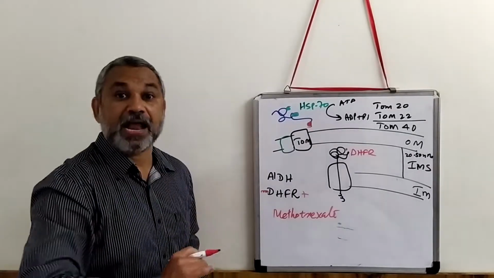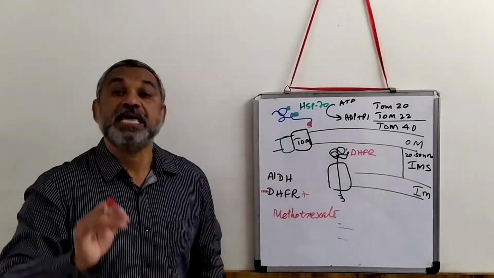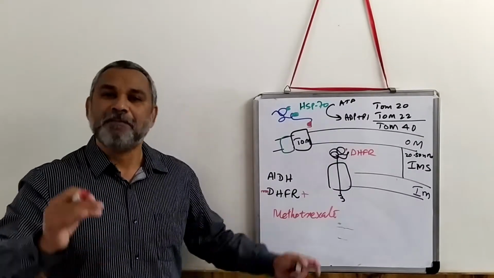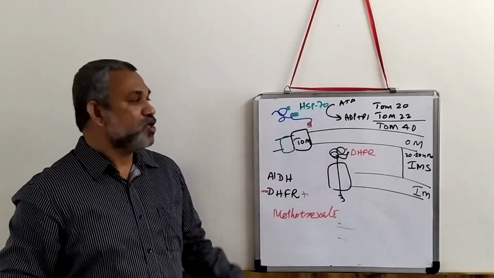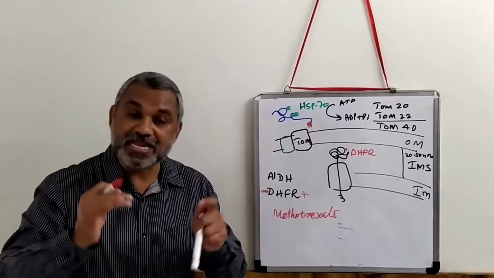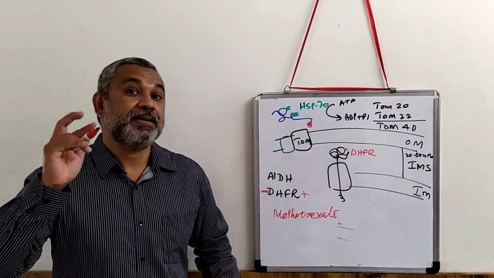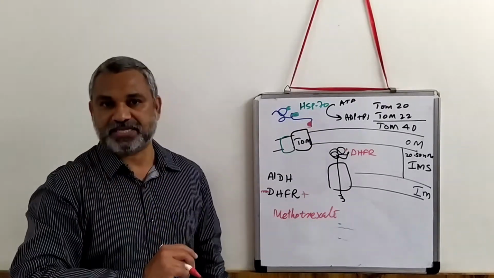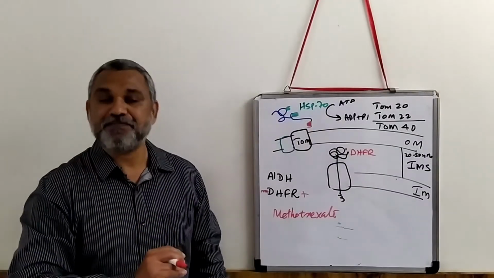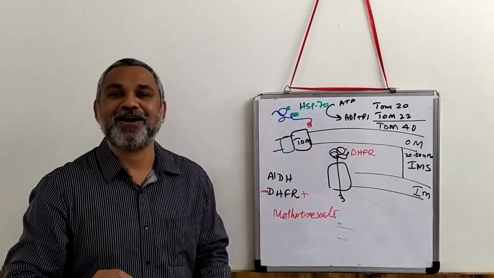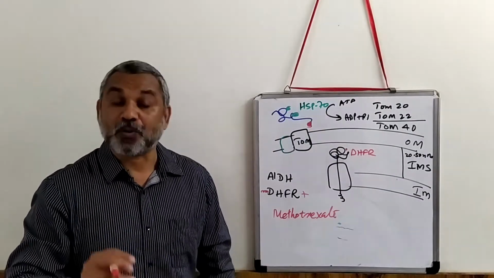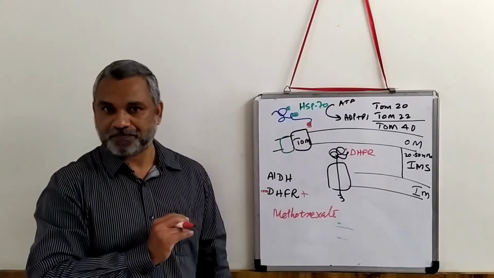They also did another experiment to prove that energy is needed for bringing the protein in. Here we are talking about ATP. Energy comes in two ways: one as ATP molecules, another in the form of a proton motive force.